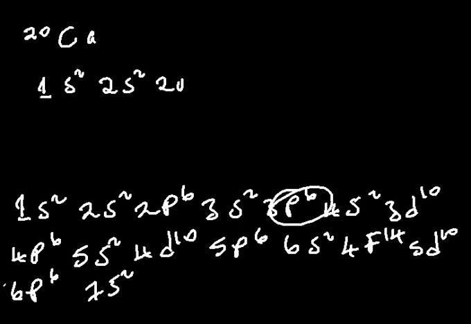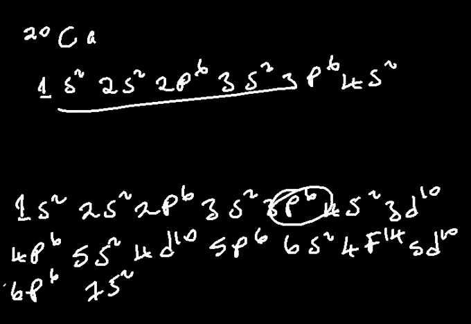So we have 2p6, now we have 10 electrons. Then we can have 3s2, we have 8 electrons. We have 3p6, we are now remaining with 2 electrons. Then we have 4s2. So this is the electron configuration for calcium using the spdf notation.